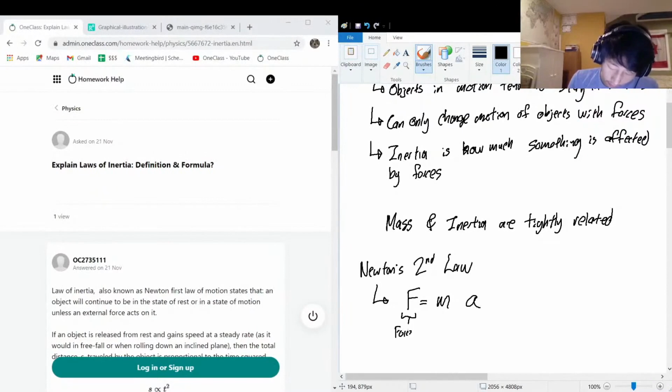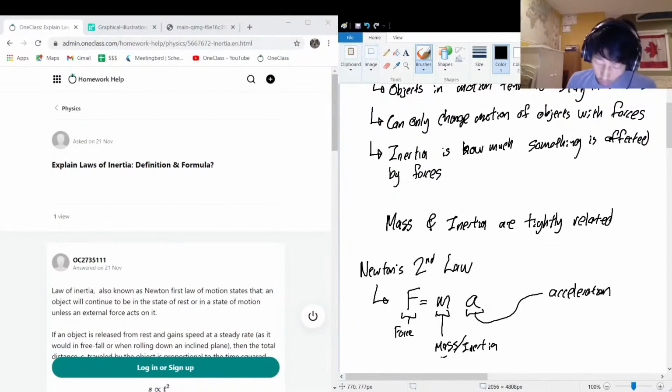F is force, m is mass, or inertia, and a is acceleration. For this to be true with a constant force, more mass means less acceleration. Less acceleration means the motion is not going to change as much. The acceleration is what defines how the motion of the object is going to be.